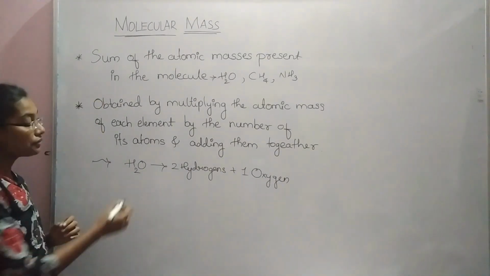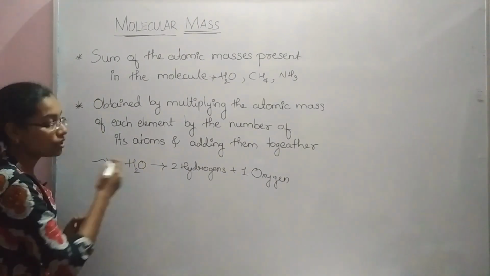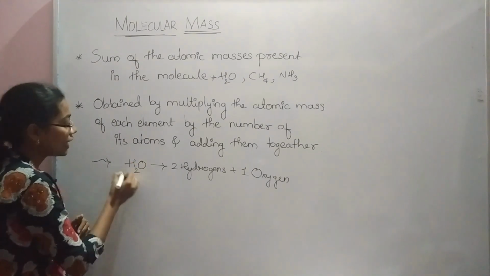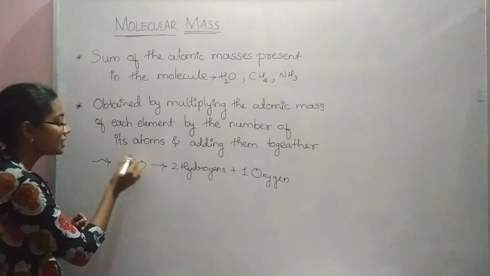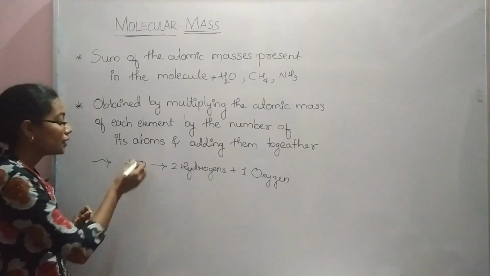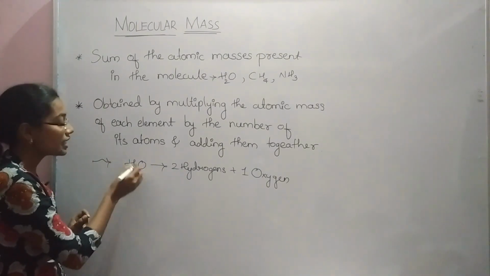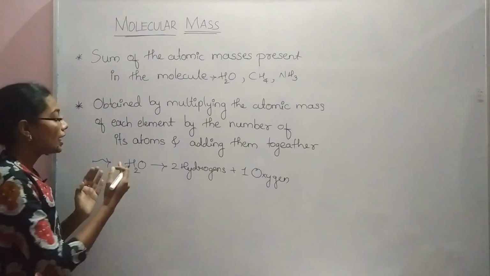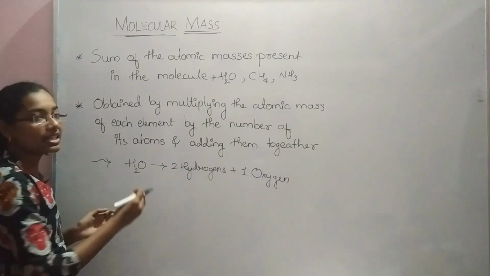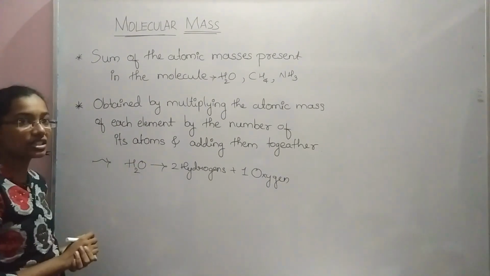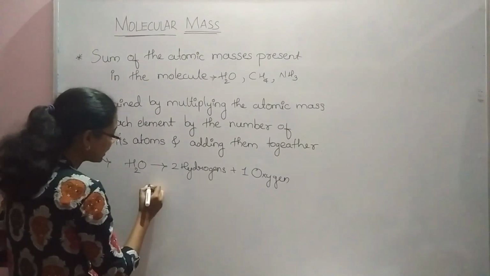But here we have two hydrogen atoms and one oxygen atom. So the hydrogen atomic mass is multiplied by 2, because it has two hydrogen atoms, and this is added to the atomic mass of oxygen.